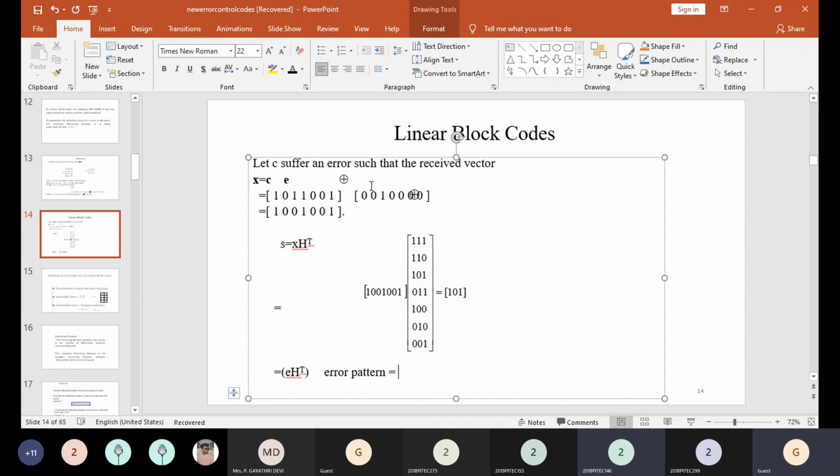So the error pattern will also be 7 bits. You can have, for example, 1000000, which is an error in the first bit, or you can have 0100000, which is an error in the second bit.